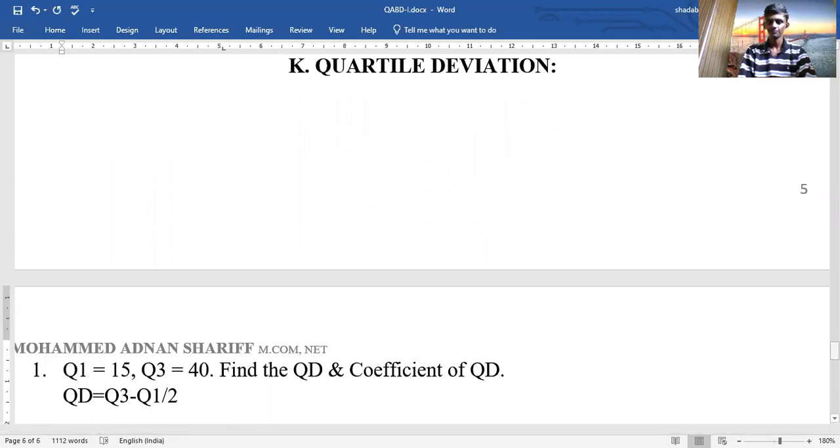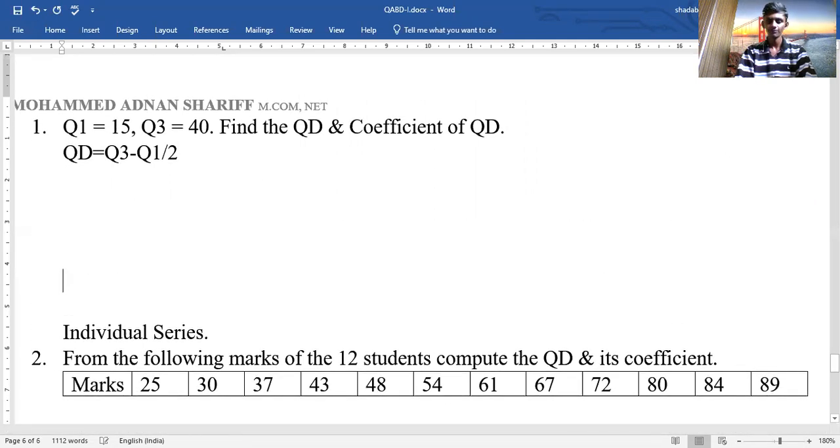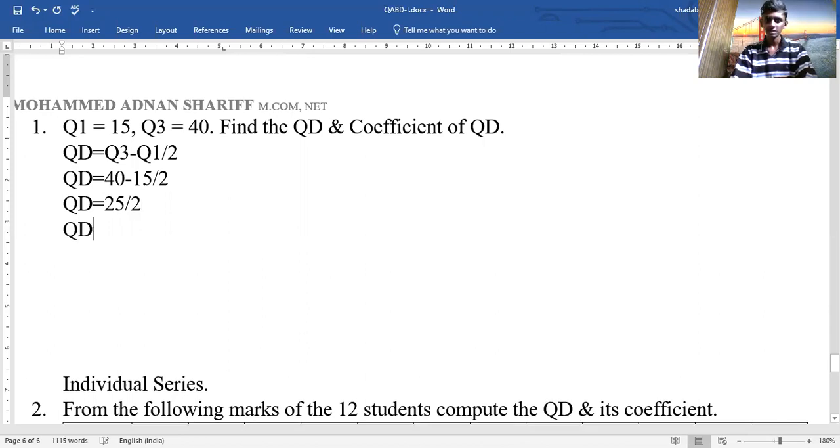We only have to apply the formula and we will get the value. QD equals Q3 value 40 minus 15 divided by 2. So quartile deviation equals 40 minus 15, 25, divided by 2. Quartile deviation equals 12.5. This is our quartile deviation.